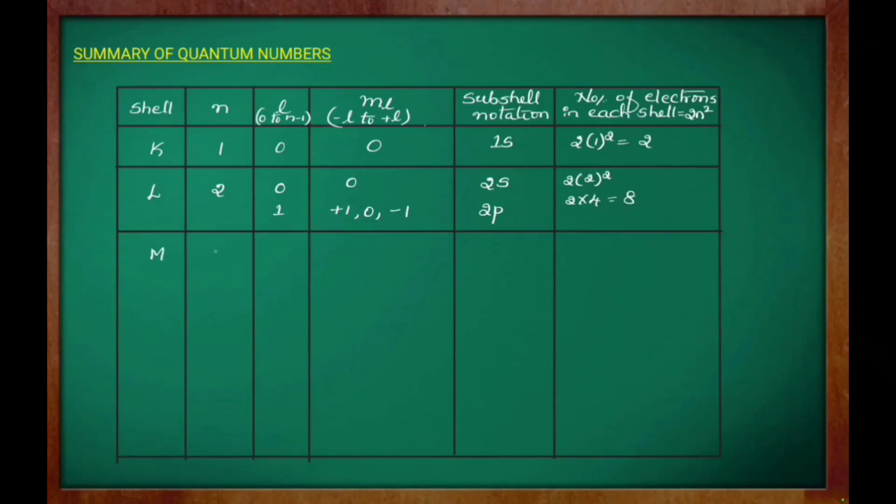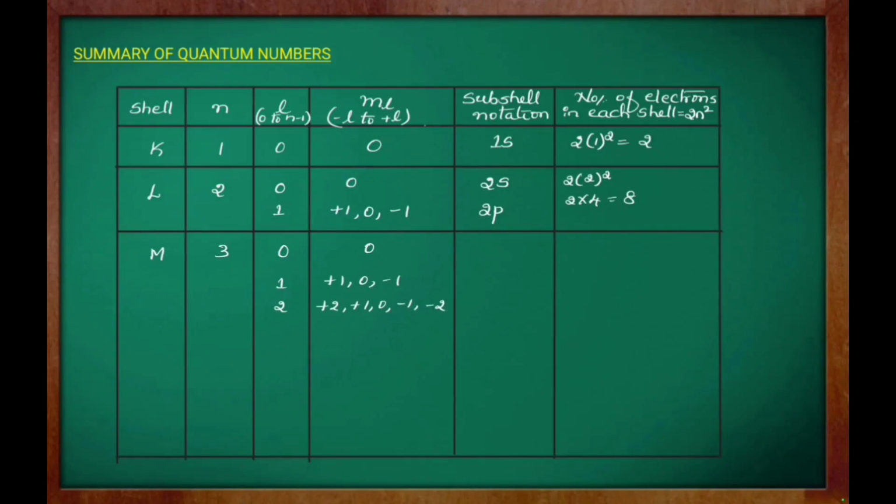M shell has the principal quantum number value as 3. So the corresponding L values are 0, 1 and 2. ML values are written as 0, plus 1, 0, minus 1, plus 2, plus 1, 0, minus 1, minus 2.